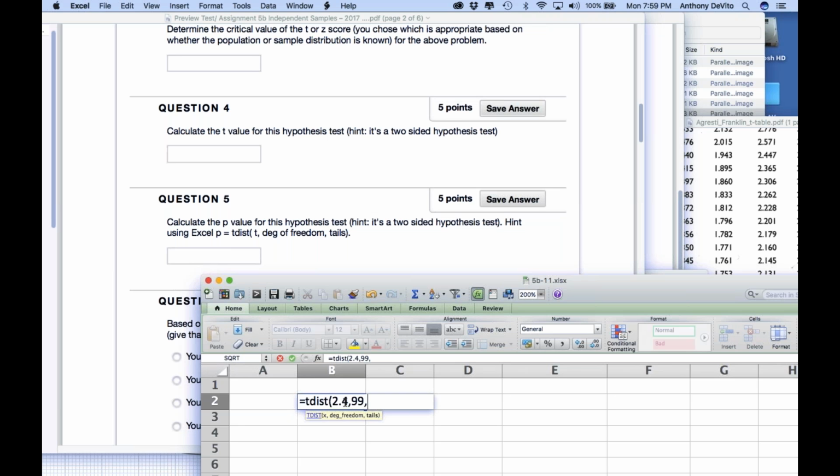Then comma, the number of tails, in other words, one-sided or two-sided. If one-sided, it'd be a 1. But most of these are two-sided significance. A lot of times in SPSS, you'll see two-tailed or two-sided for the answer. So it comes out to 0.018. The probability of being wrong if you reject your null hypothesis is 0.018.